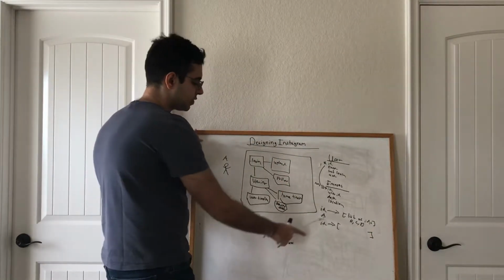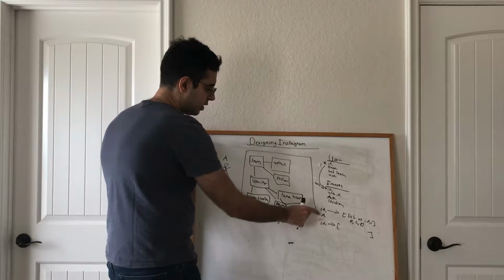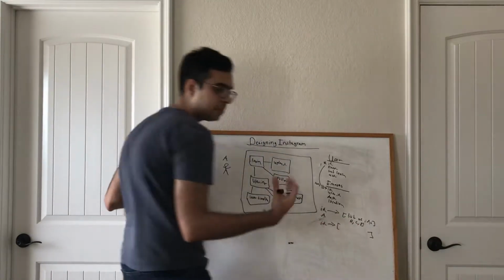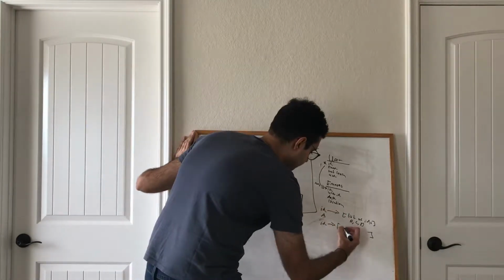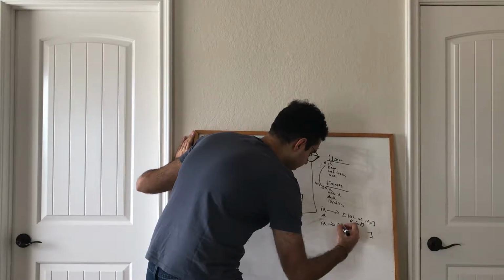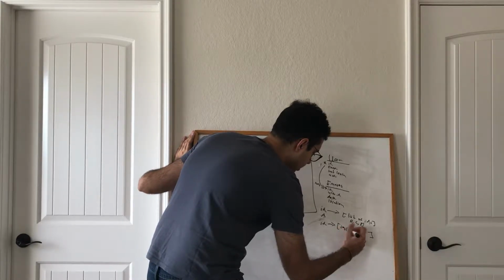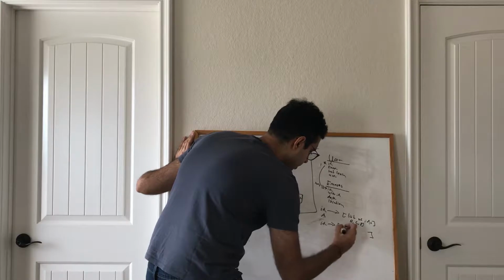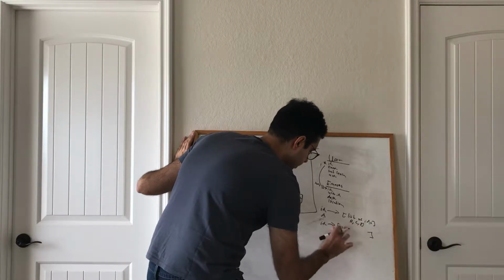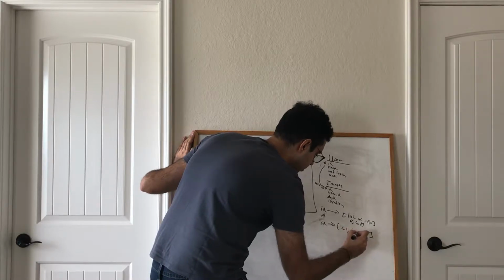What this means is that user ID A has uploaded, let's say, image ID 1. I'll just call them I1, I2.